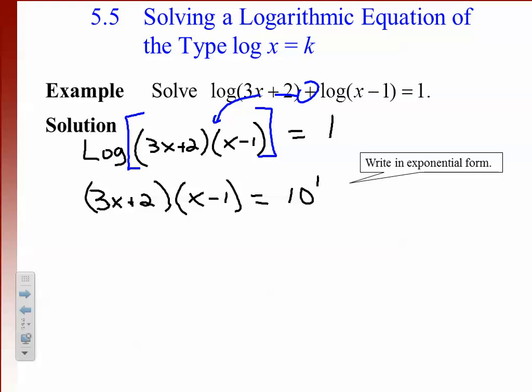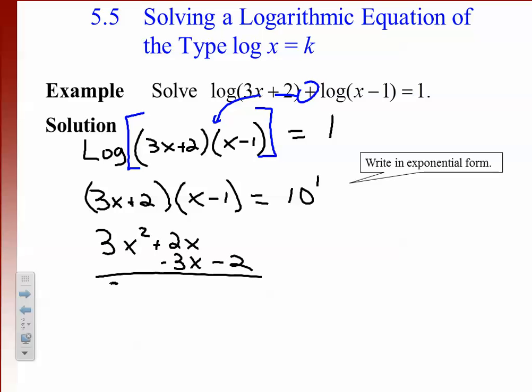Now they made it easy by being 10 to the first power, so we would FOIL all this out. 3x squared plus 2x and minus 3x minus 2.